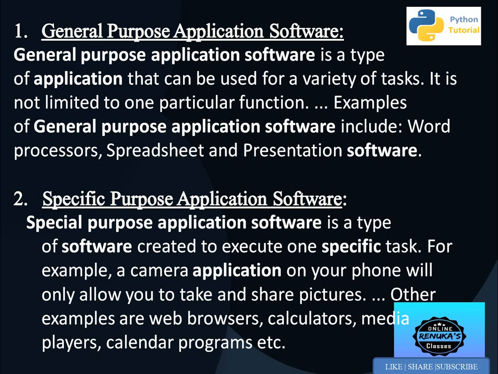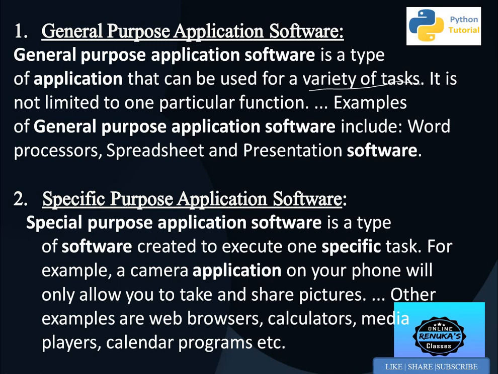Now, as application software is designed for end users, it is categorized in three categories: general purpose, specific purpose, and then comes the utilities. Based on their task, general purpose software is needed for a variety of tasks. For example, one student wants to type a letter and another wants to type a resume.